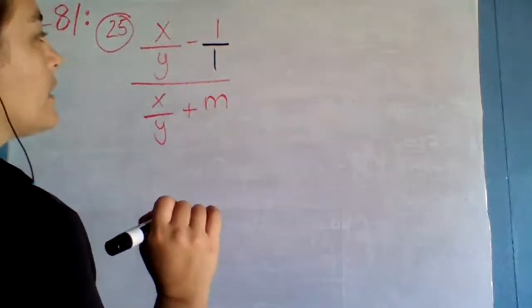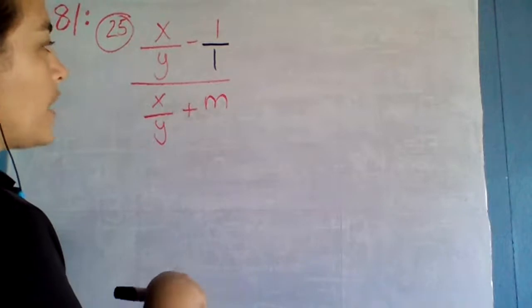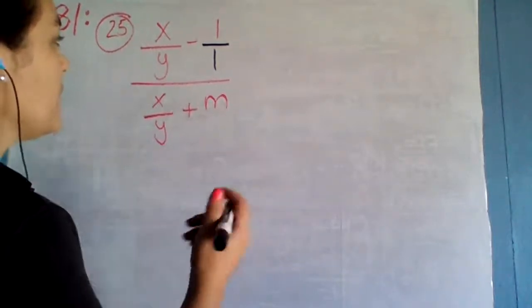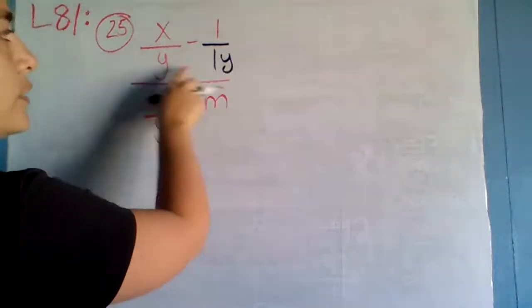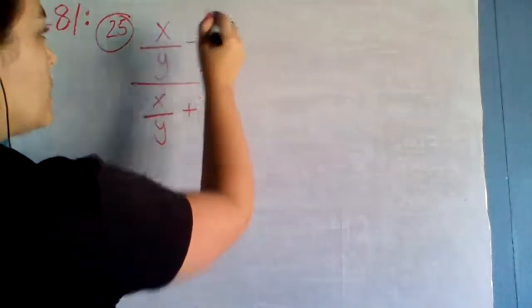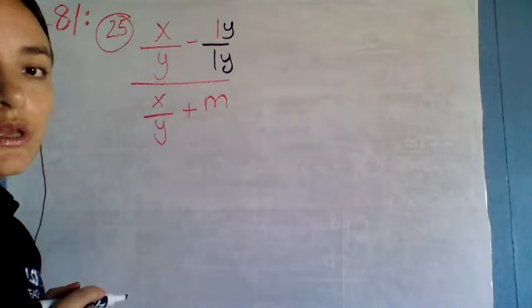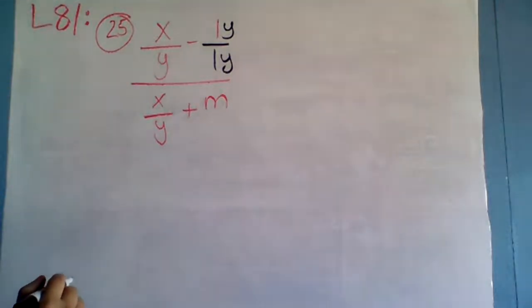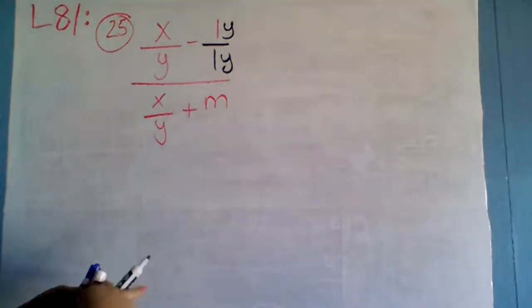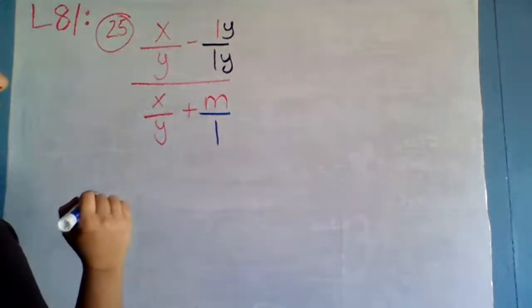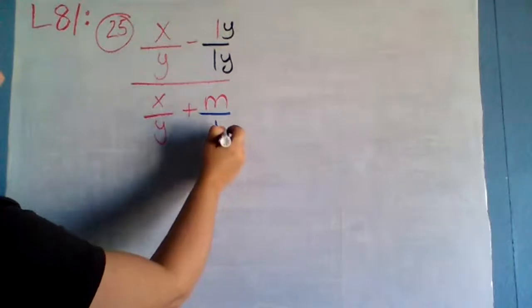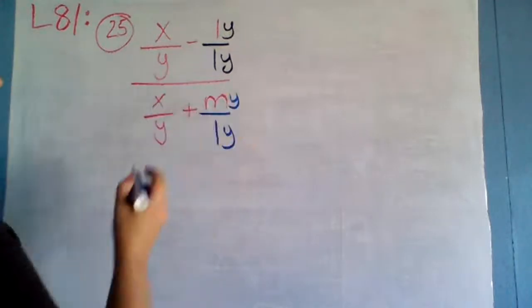Right now we have a denominator 1, so I'm going to multiply that times y because that's what I want as my common denominator. And if I do it on the bottom, I also have to do it on the top. Okay? And I'm going to do exactly the same here. I have a 1, I want a y, so times y, times y.